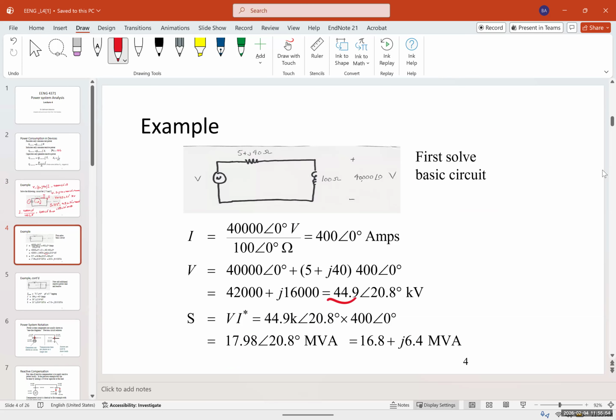So instead of 44.9 here, it's going to be 45, and this one was 21 just by rounding it up. And rounding up, it's going to be 18 with a degree of 21 degrees. And if we want to convert it to rectangular form, it's going to be 16.8 plus J 6.4 megavolt amps.